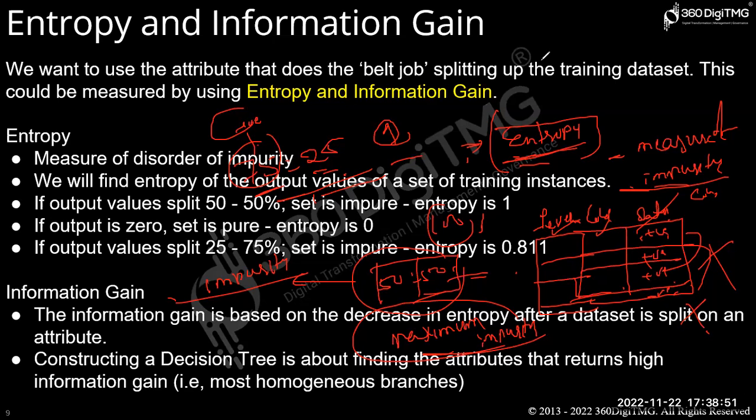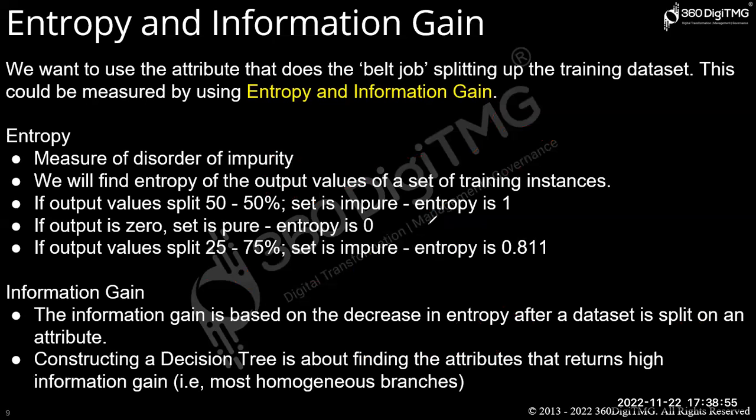So here we can make a little bit of a decision. In that case, how much entropy will we have for the 25, 75 set? It is 0.81. So if it is 50-50, we will have 100%, and if it is 25-75, we'll have the entropy 0.81. So this is the entropy.